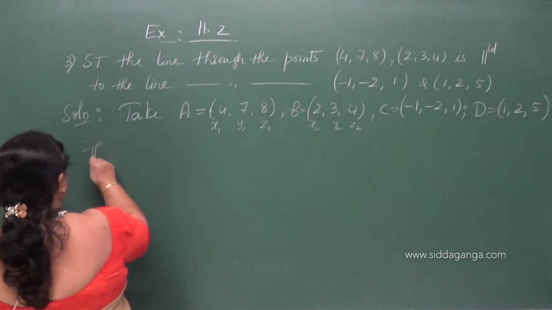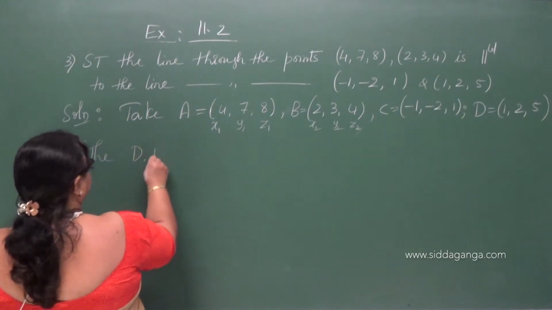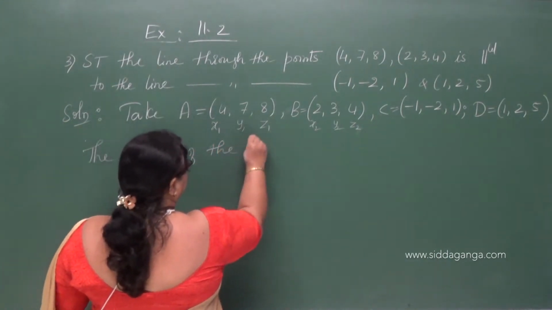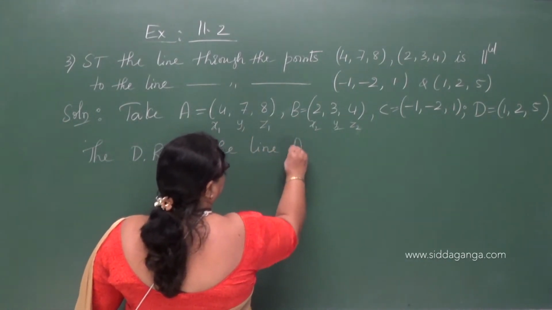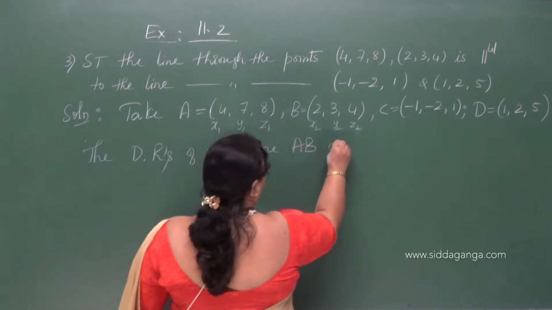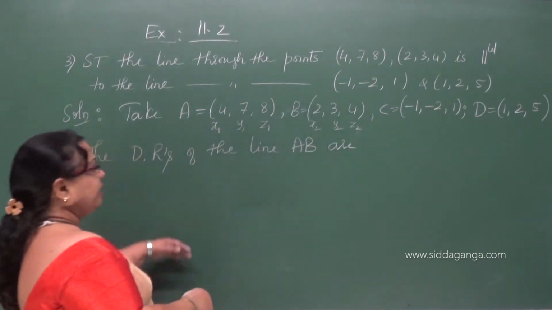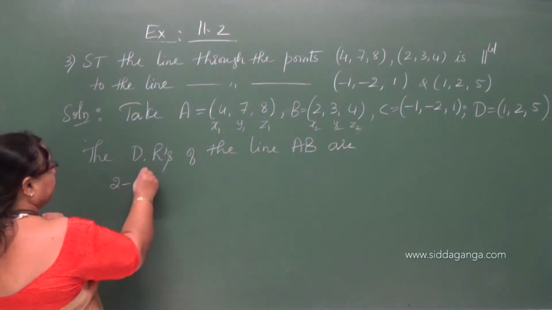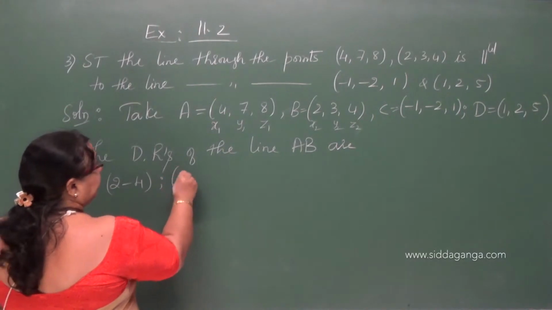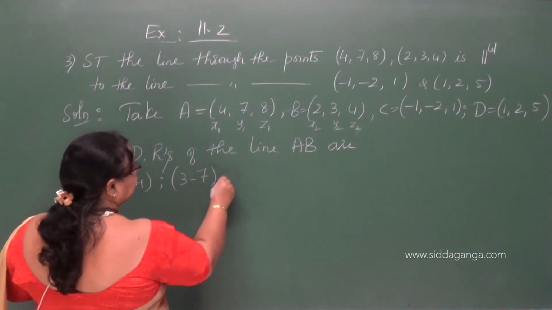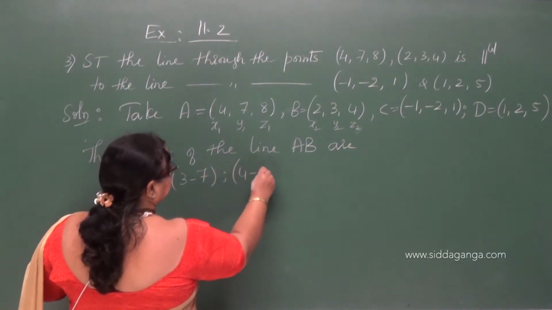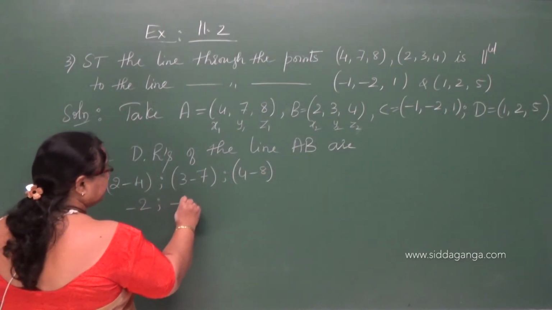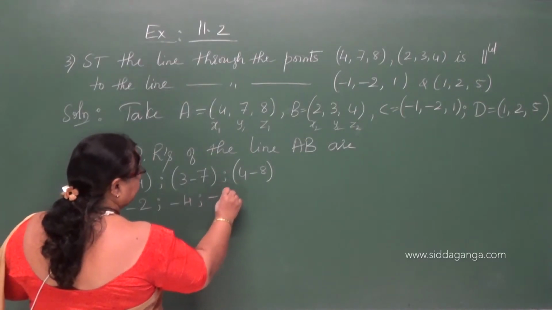The direction ratios of the line AB are given by x2 minus x1, that is 2 minus 4, comma, y2 minus y1, z2 minus z1, that is minus 2, minus 4, minus 4.